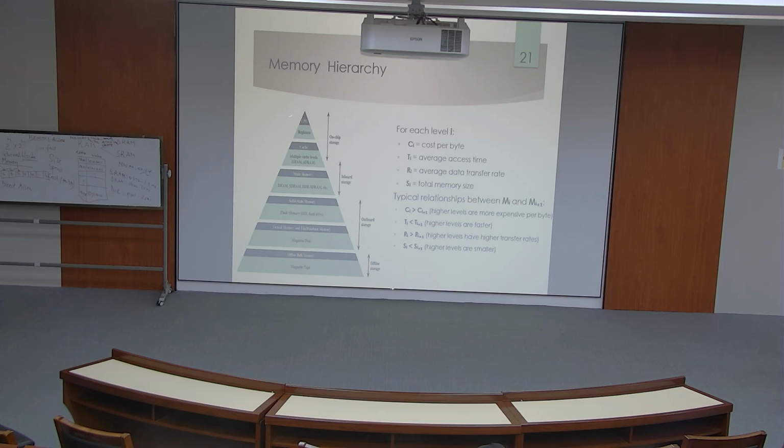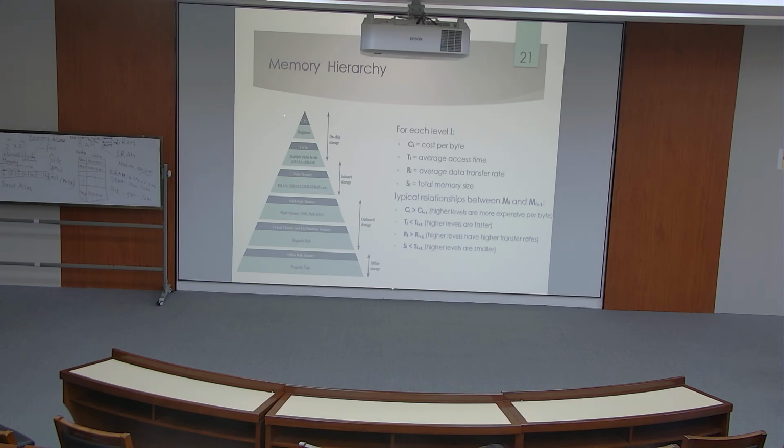That means the average access time for register memory is less than for the cache memory. The average access time for each level of the cache memory is less than the average access time of the main memory. In summary, higher level memories are faster.